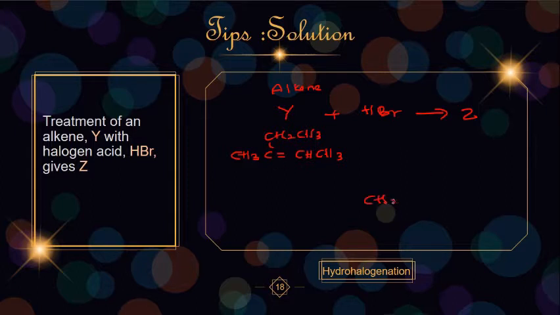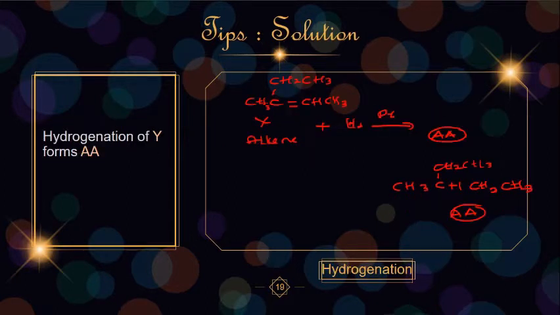So it becomes CH3, CH2, CH3, so single bond. So you add Br here. This one is CH2 and CH3. So this is actually the structure for Z. Okay, Z dah dapat. Y dah tahu.